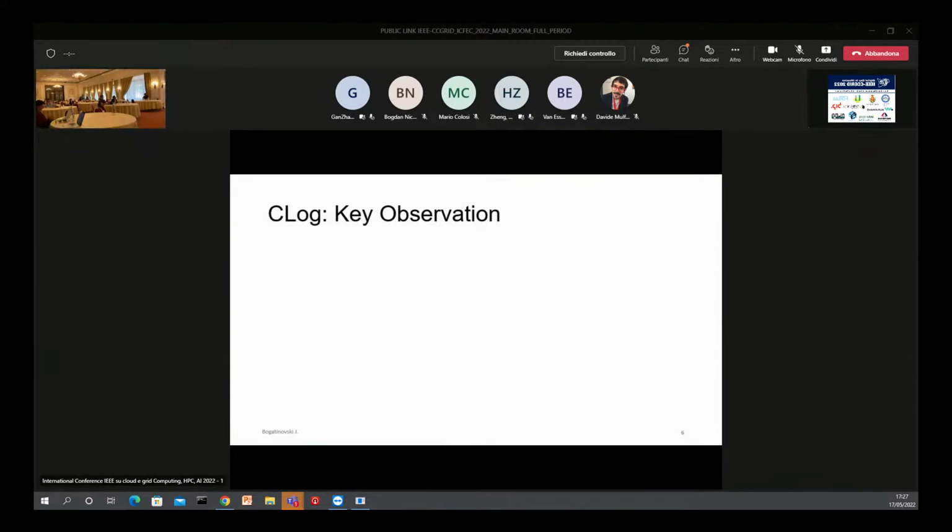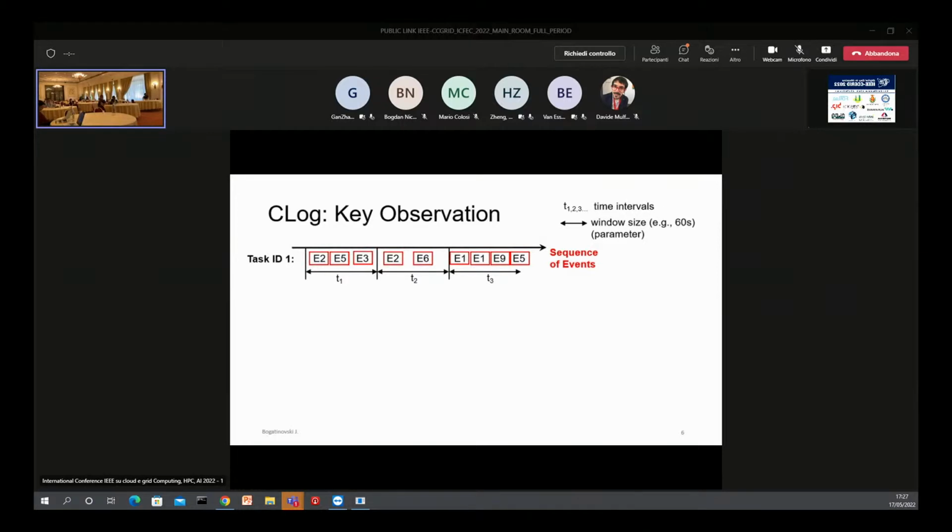So in order to address the sequential nature of the problem, we ask ourselves, how can we actually address the problem with sequences? Here on the slide is a time axis composed of several events.